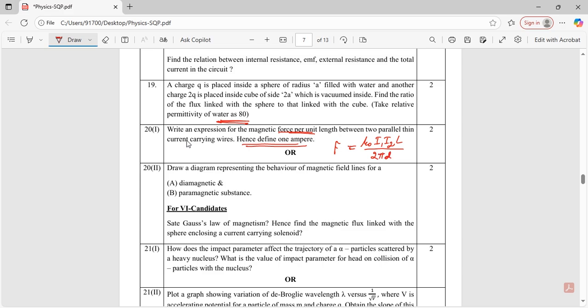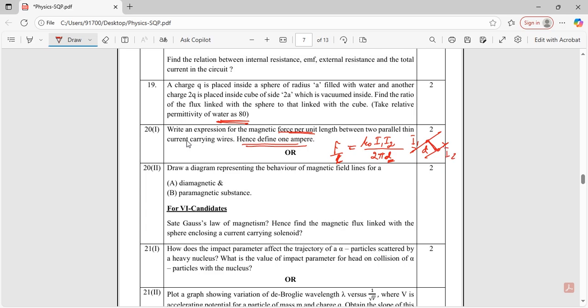Force per unit length means we remove L, so it is mu 0 I1 I2 by 2 pi D, where I1 and I2 are the currents and D is the gap between the wires.